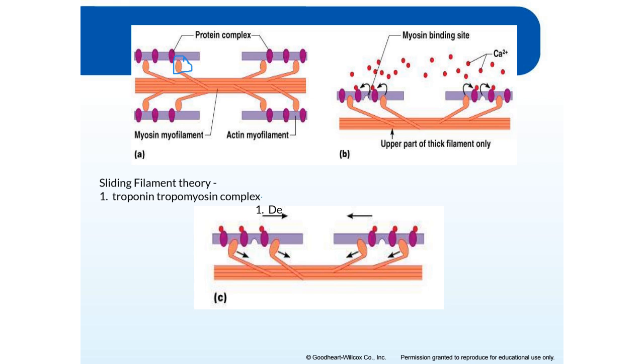And so the first thing that needs to happen is that depolarization. Remember that depolarization came from when that acetylcholine, as the acetylcholine was released from the nerve and came across the synaptic cleft and bound to the receptors and opened up the channels.